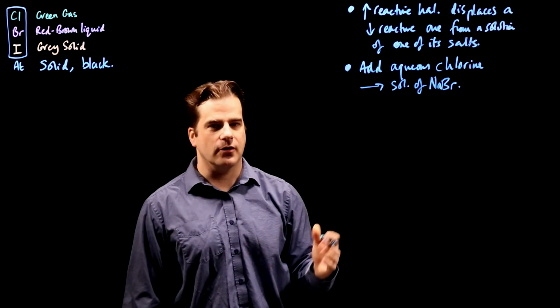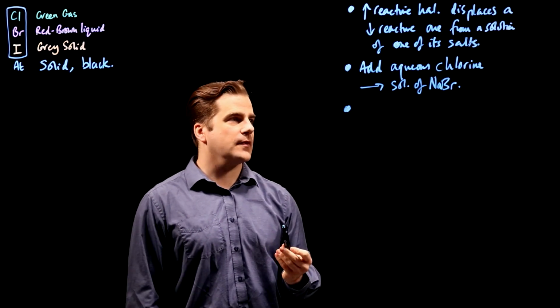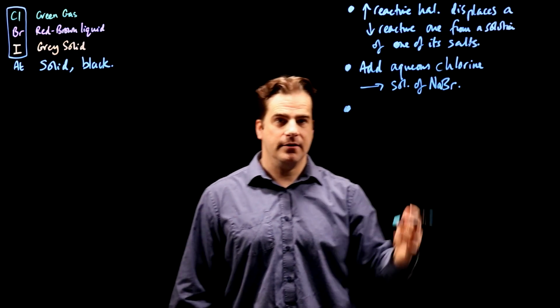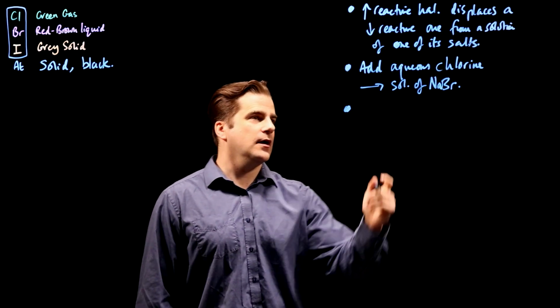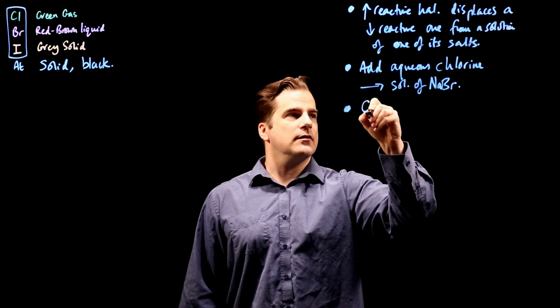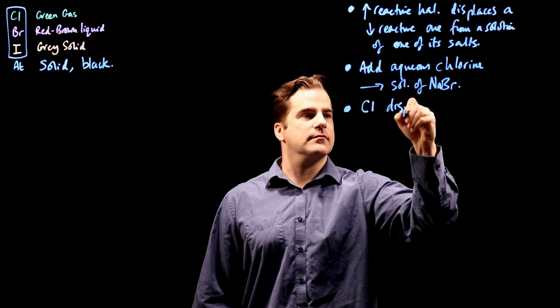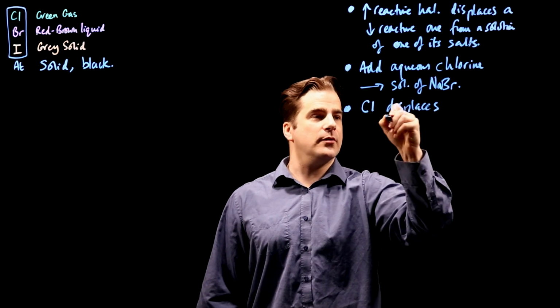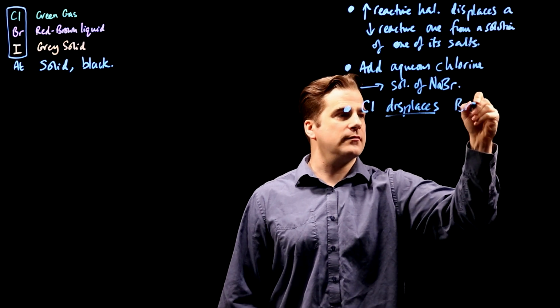Good. So that solution will be clear. It's just a salt dissolved in water. When you add the chlorine, because it's more reactive, the chlorine displaces, use that word, displaces the bromine.